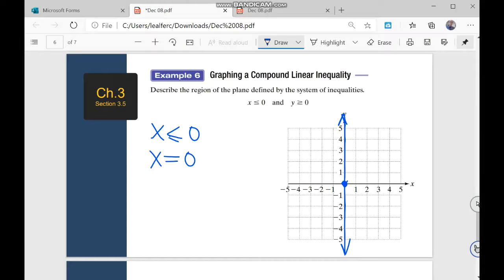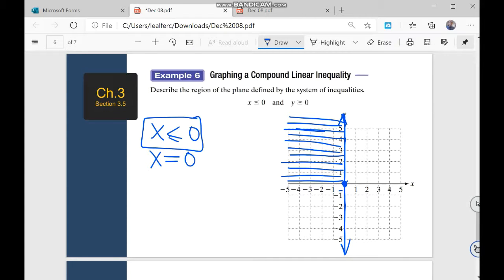When x equals some number, it's going to be a vertical line. Shade the area that's less or equal than 0. -5 is less than 0, -3 is less than 0. That means all the area on the left-hand side of this line is less or equal than 0.